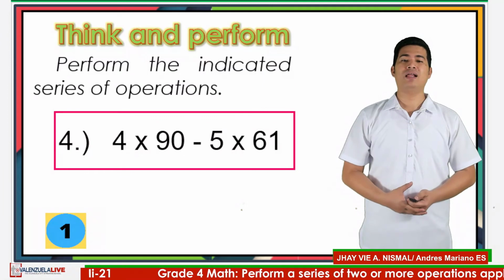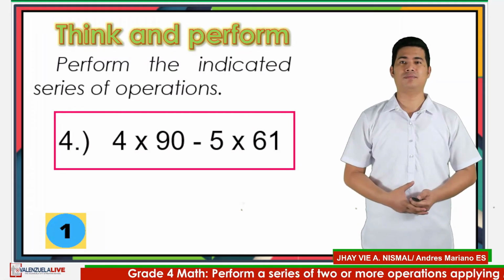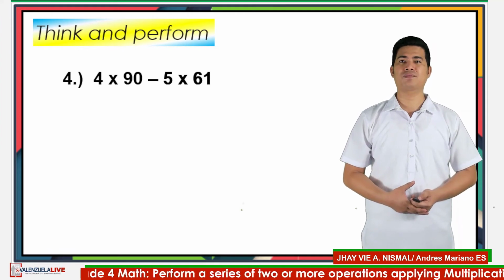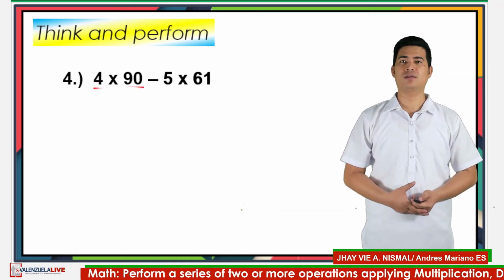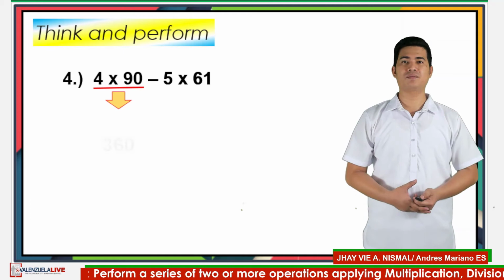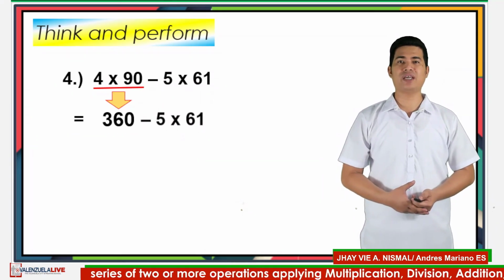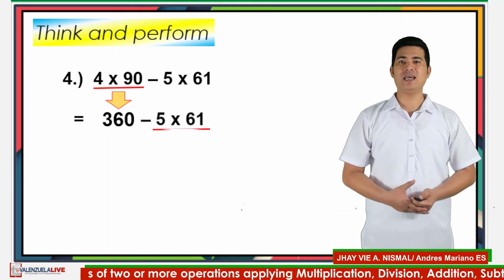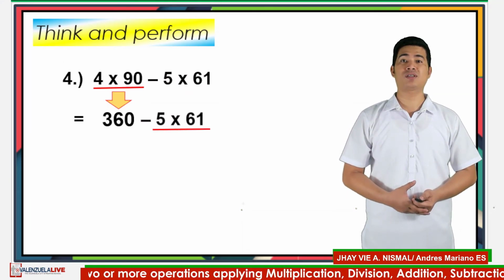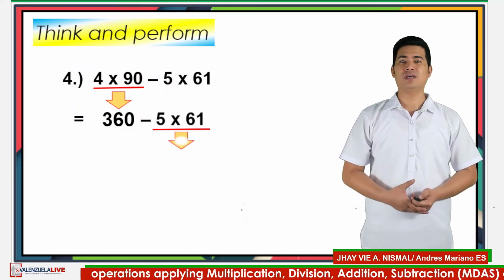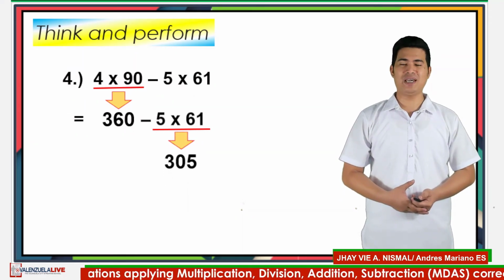Time's up. Let's find out the answer. 4 times 90 minus 5 times 61. 4 times 90 is equal to 360. Bring down minus 5 times 61. 5 times 61 is equal to 305.